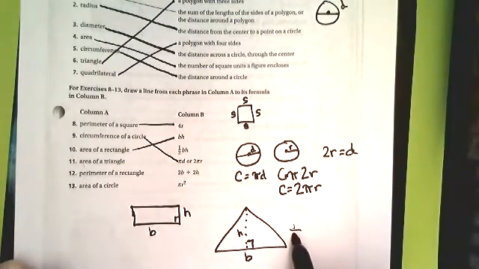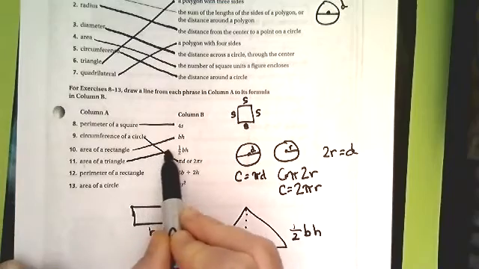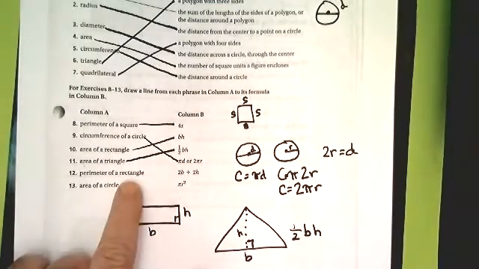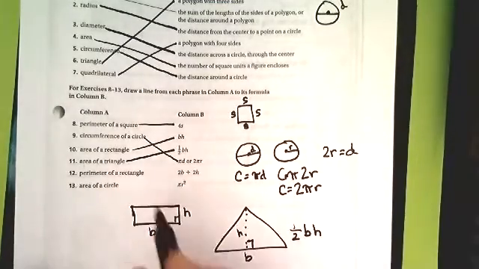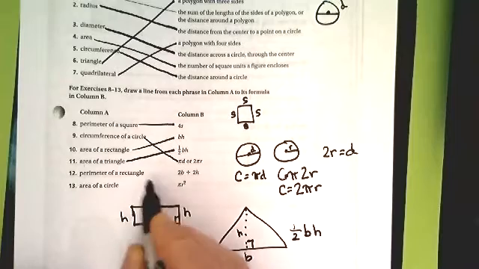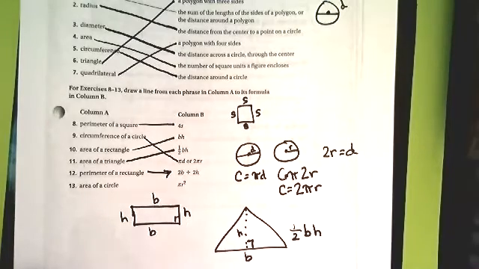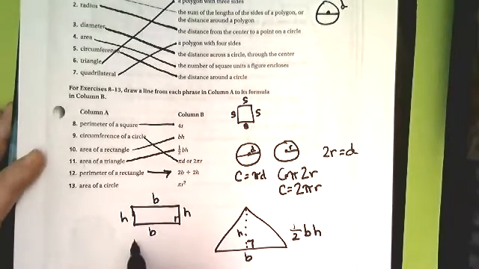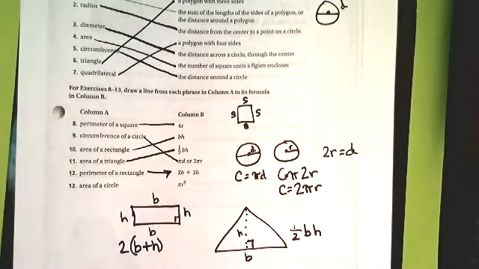And it's perimeter of a rectangle. Sometimes factored or distributed, either way. Area of a circle.